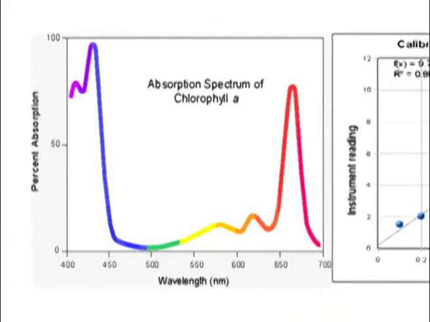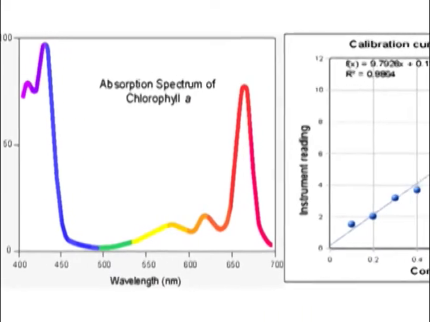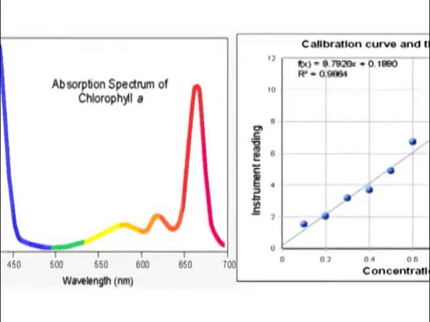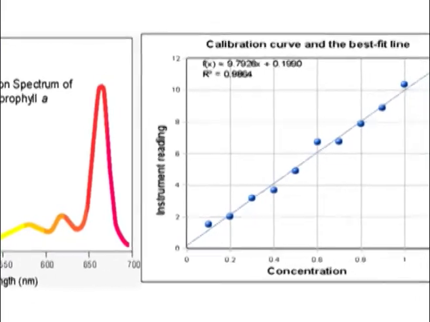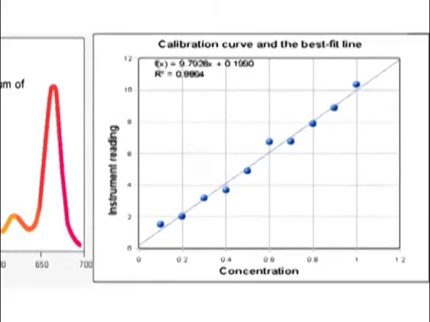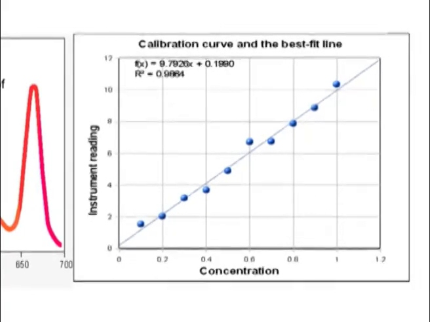Deviations from the Beer-Lambert law. At sufficiently high concentrations, the absorption bands will saturate and show absorption flattening. The absorption peak appears to flatten because close to 100% of the light is already being absorbed. The concentration at which this occurs depends on the particular compound being measured.